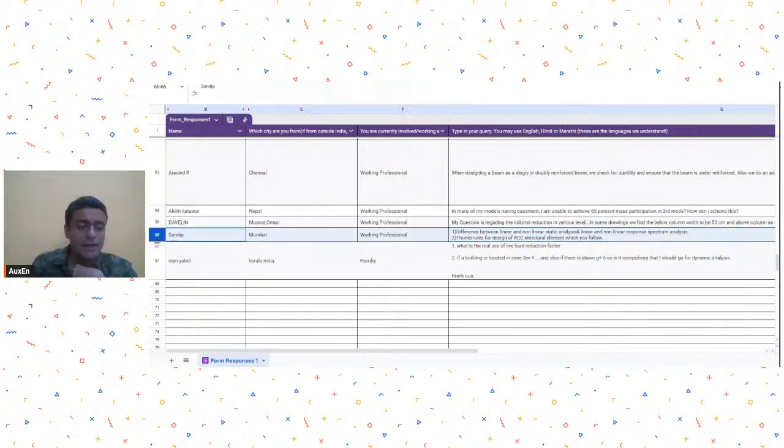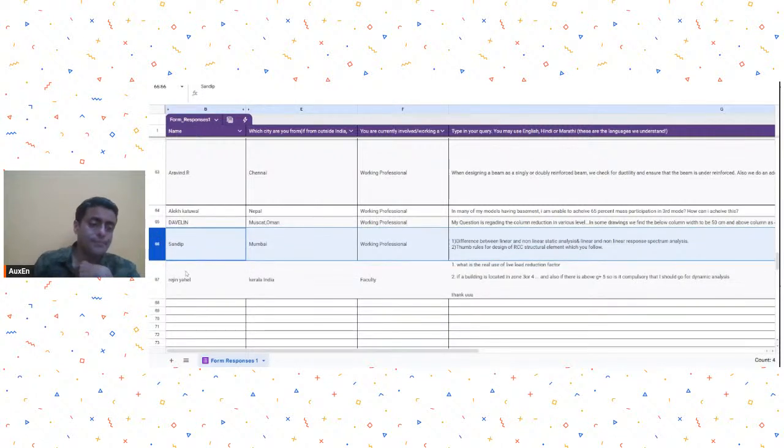So linear analysis means where the geometry and material properties are considered to be linear. Okay, so geometry is also linear. That means there is no plastic strains that we are going to consider. Also, we are not going to consider any material nonlinearity.